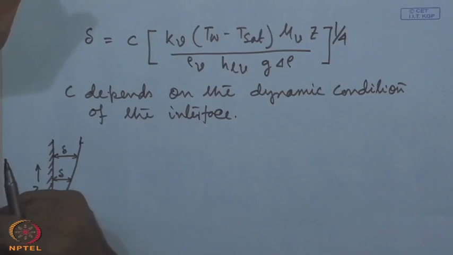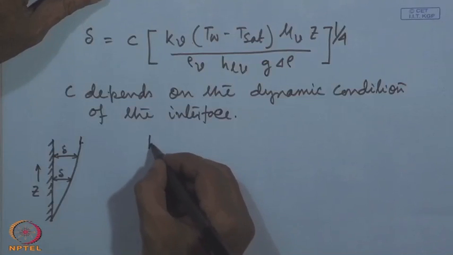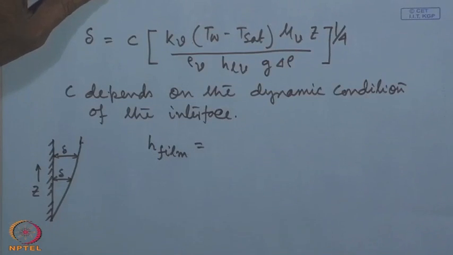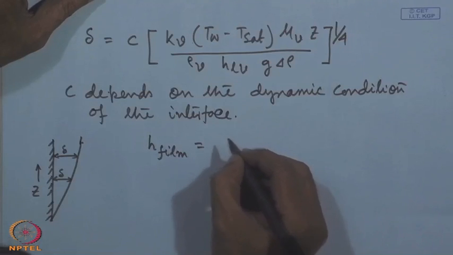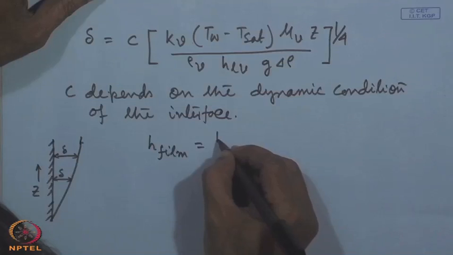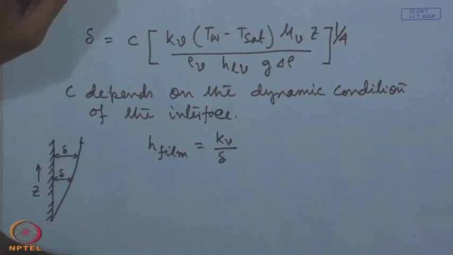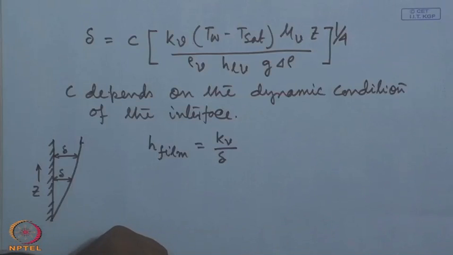Once we have got delta, we can get h, the film heat transfer coefficient of film boiling, that is k_V by delta. This is a very simple but profound result.